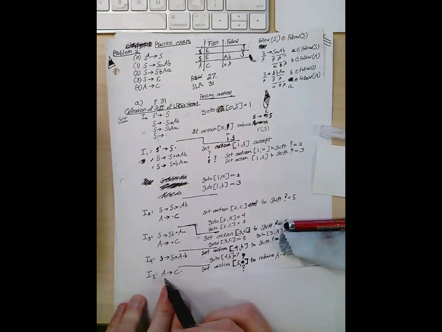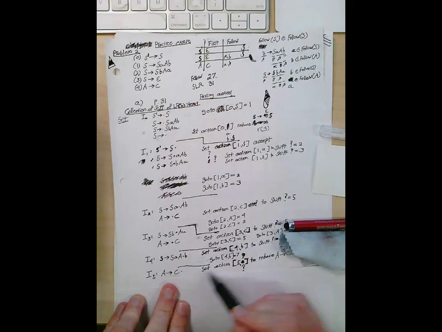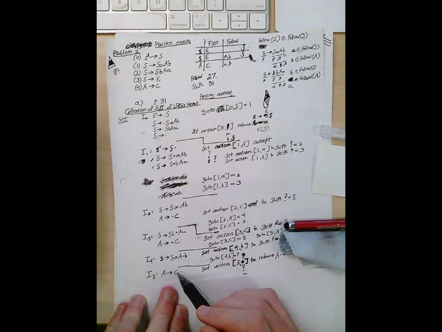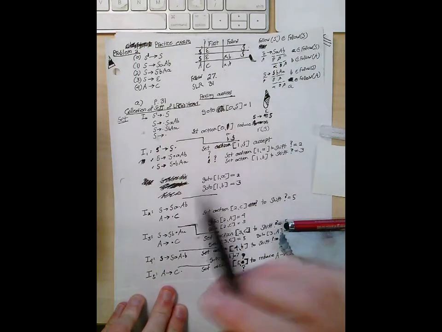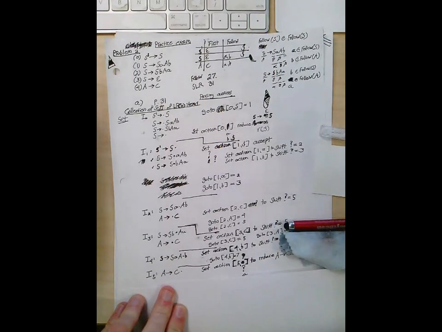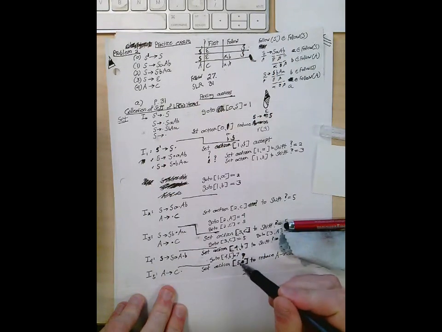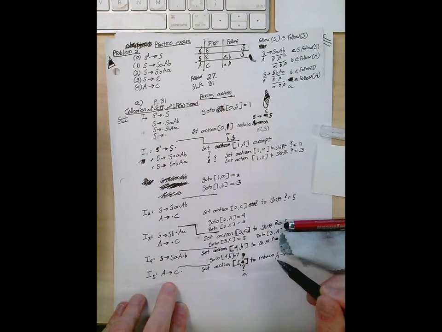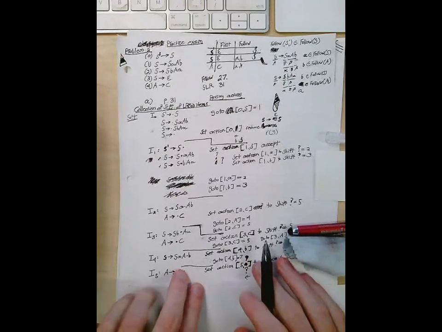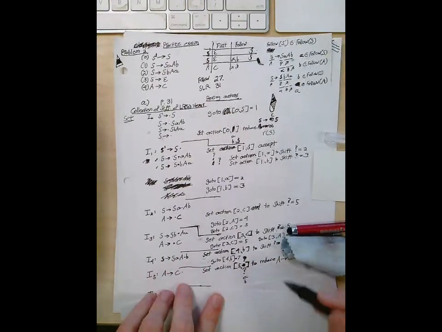We can also analyze A going to C. So this is set action 5. We don't know what we're doing here, but we know it's a reduction, because if we go back to page 31 of Dr. Choi's notes and we see when your pointer is at the end of the string alpha, we're going to set an action at the set number and at some terminal values to reduce A goes to C. And the terminals we're going to stick it at are the follow values of this production rule.